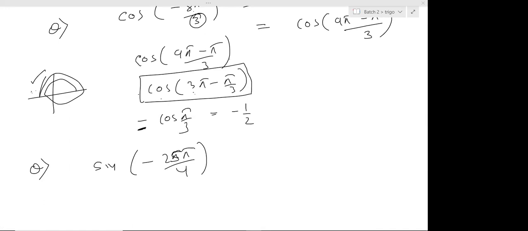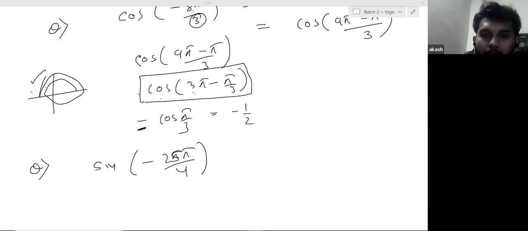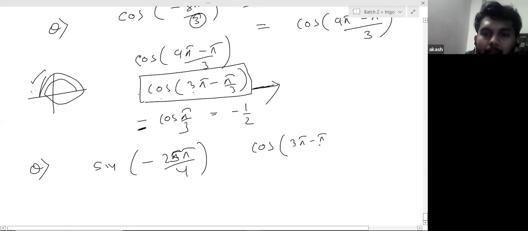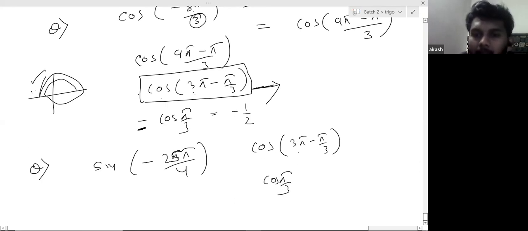All right, Rahman, look from this step. When you have radians, we don't change the angles till the last step. So now you got this as cos of pi by 3. Now this was the original angle. In which quadrant does it lie in? 3 pi is this line, minus pi by 3 means second quadrant.